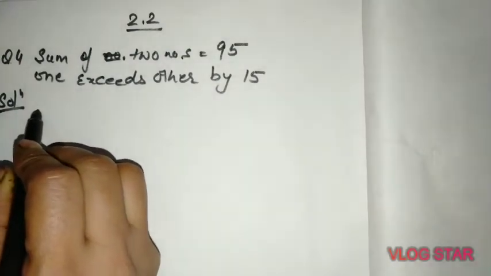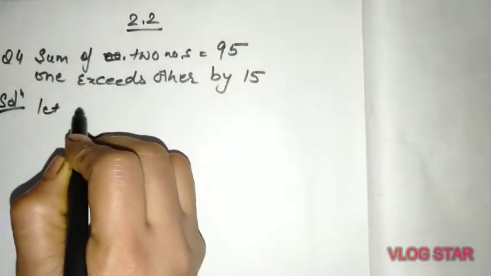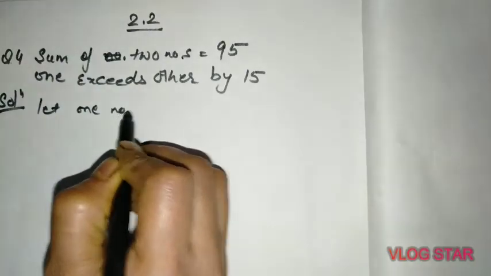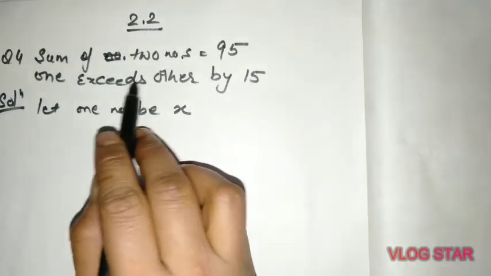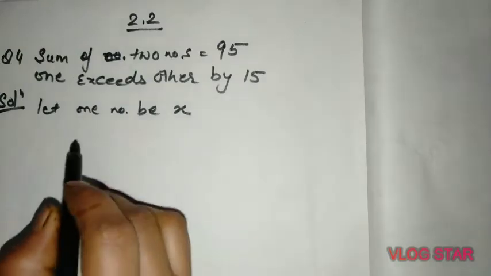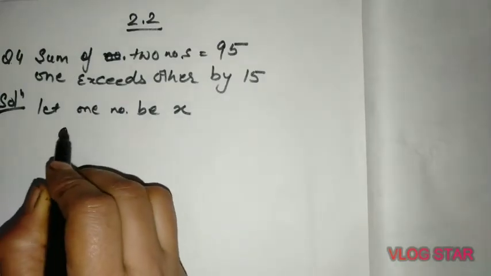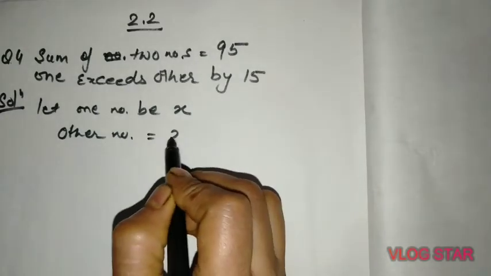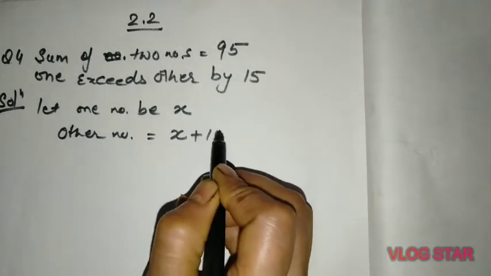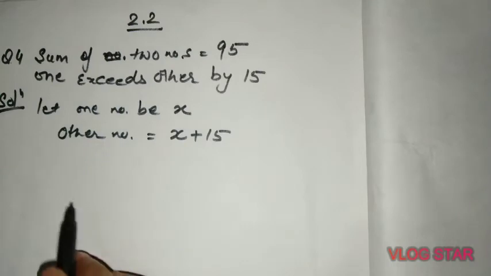So let one number be x, then the other number exceeds by 15, so the other number is x plus 15, that is 15 more than the previous one.